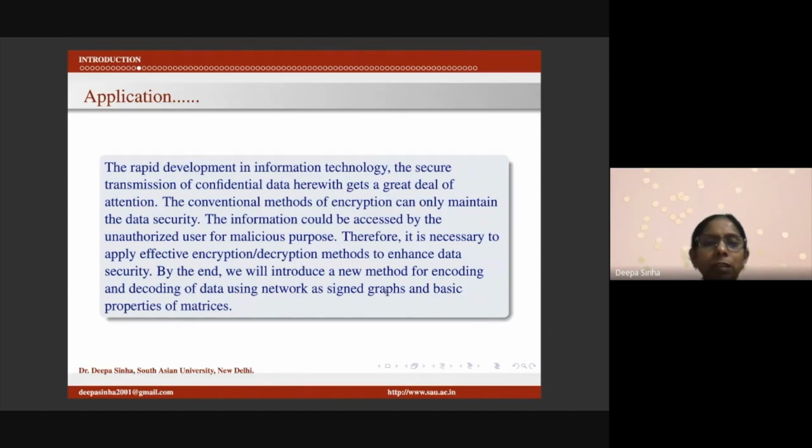I will be talking about this in my further slides, and then in the end we will introduce a method of encoding and decoding of data using the network as sign graph, and also the basic properties of matrices.